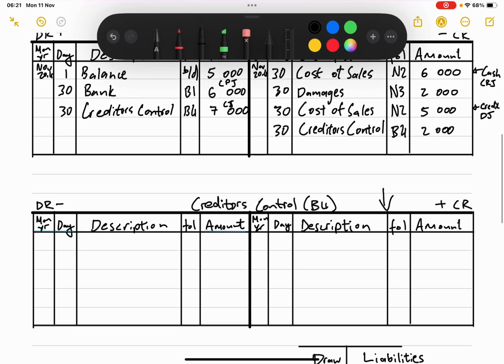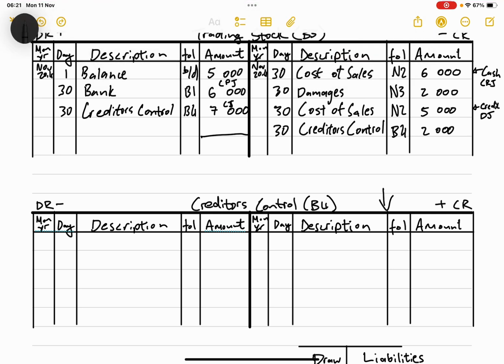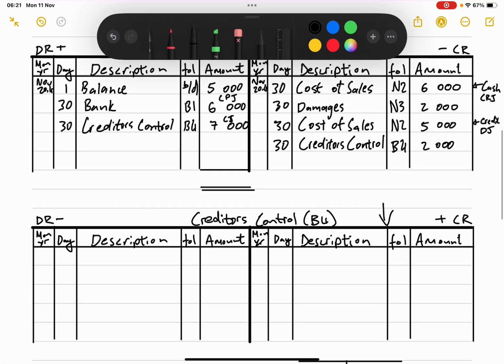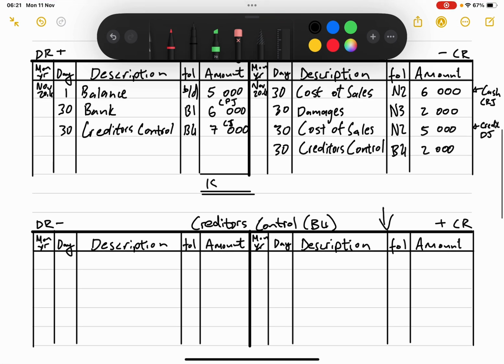Now you need to balance. I've sort of run out of space here, but we're going to balance here. The 5, 6, and 7 is going to give you 13, plus 5 is 18,000. And then on this side, you're going to have 18,000.